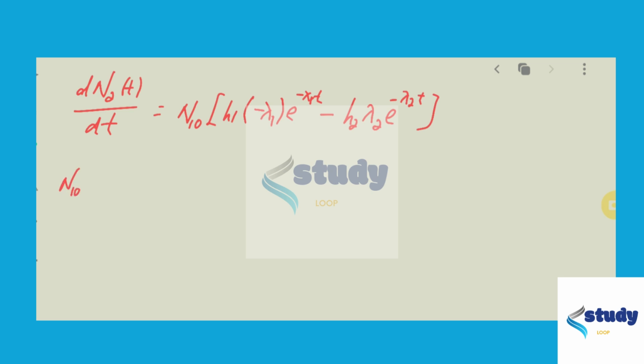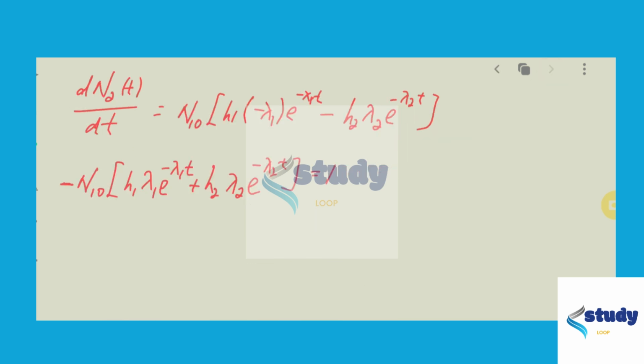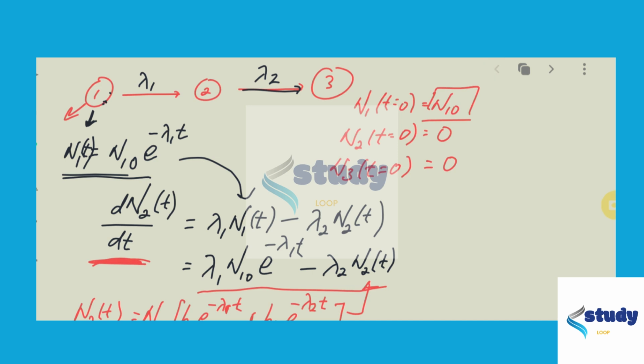From our previous equation, our differential term is equal to this entire term, which would be lambda 1 times, and then we have the minus lambda 2 N2 t.